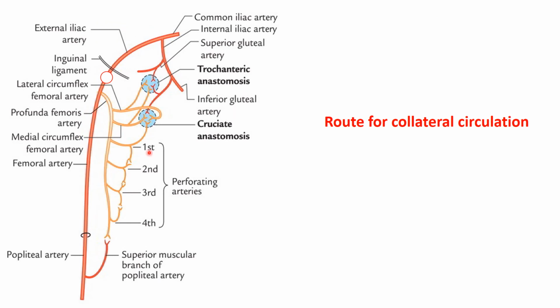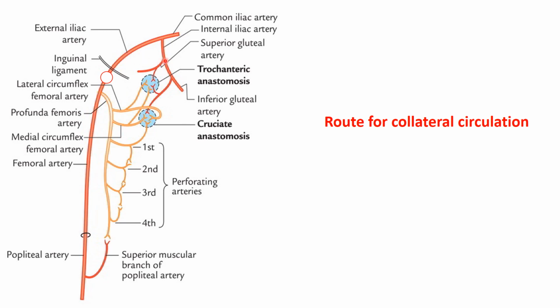Now the trochanteric anastomosis as well as the cruciate anastomosis are the route for collateral circulation, especially in case of a blockage of the femoral artery just proximal to the origin of the profunda femoris. These anastomoses connect the branches of the internal iliac and external iliac.